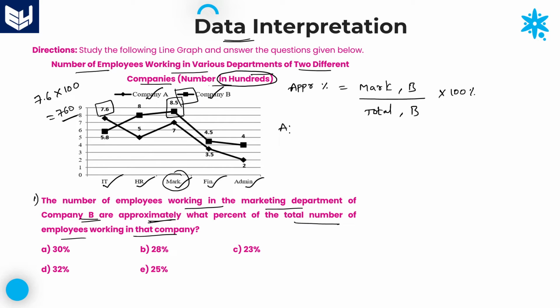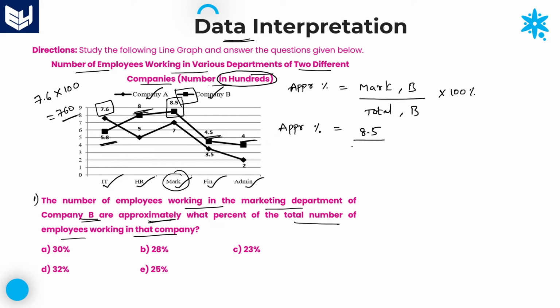Now take those values. The required approximate percentage is equal to the value of the marketing department from company B, that is 8.5 hundreds, divided by the total number of employees working in company B. Underline the values belonging to company B: the first one 5.8, second one 8, third one marketing 8.5, fourth one finance 4.5, and fifth one administration 4.